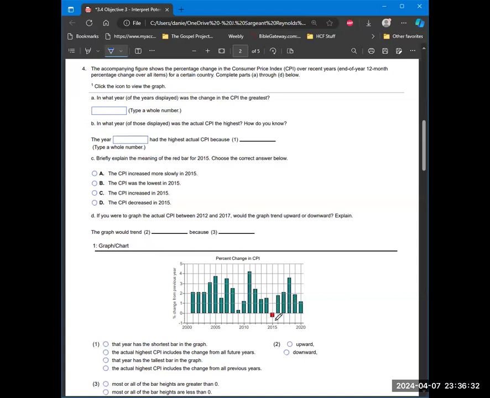We only see 1 year here with a negative percent change. There's some deflation going on there in 2015. But for all the other years here, we see inflation, which means that on average, year over year, your currency, I'll just say dollar because we use dollars in the United States, your dollar will buy less next year than it could buy this year.